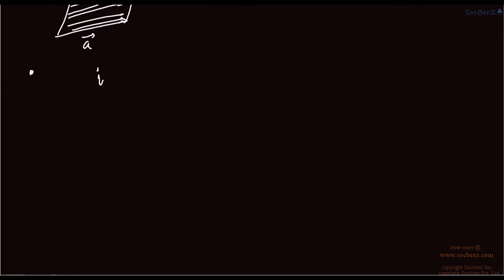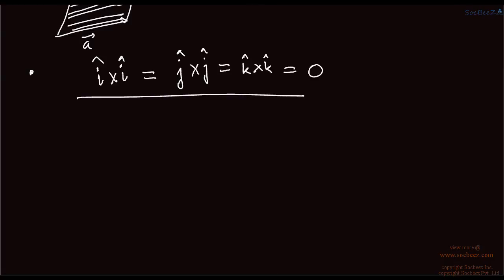The next point is I cap cross I cap is equal to J cap cross J cap is K cap cross K cap. All of them are 0. In case of dot product, it was 1. Whilst in case of cross product, I cross J is equal to K and J cross I will be equal to minus K cap.